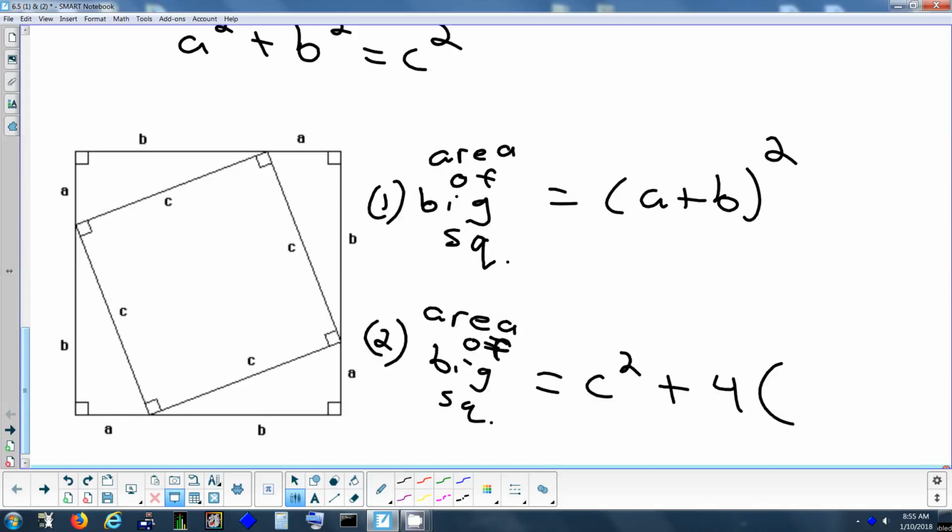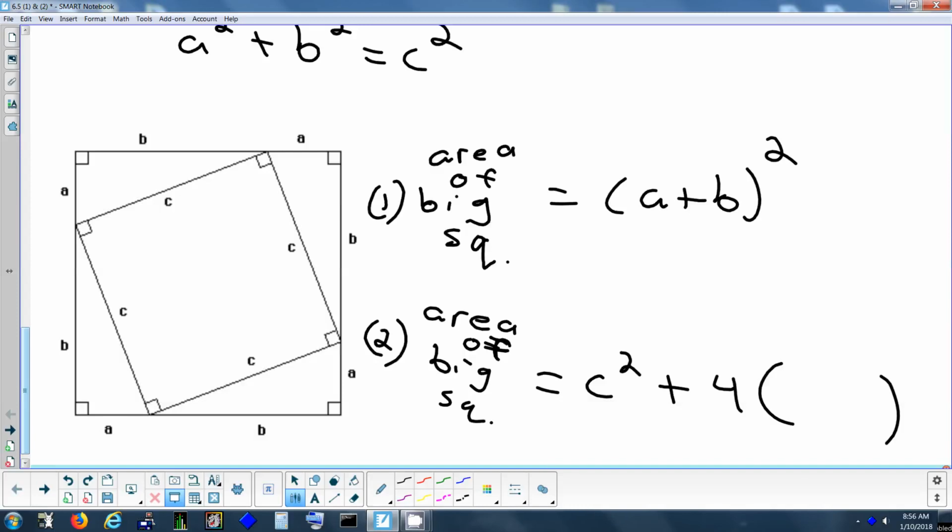So 4 times the area of the triangle. How about, Tessa, what's the area of a triangle? Just in general. Yeah, 1/2 base times height.